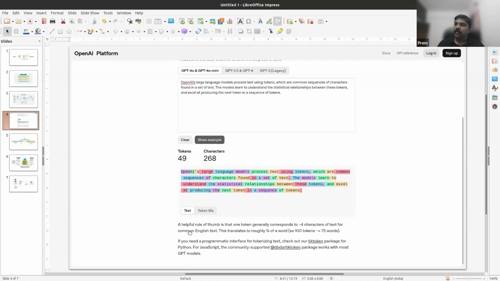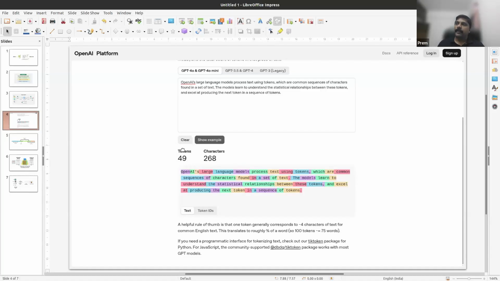On a thumb rule, you can say approximately 4 characters of text per token, or this translates to roughly three-fourths of a word. 100 tokens is equal to 75 words. So approximately 50 tokens is equal to how many words? 34 or 35 words.